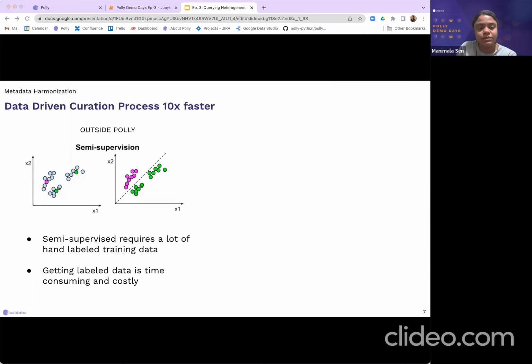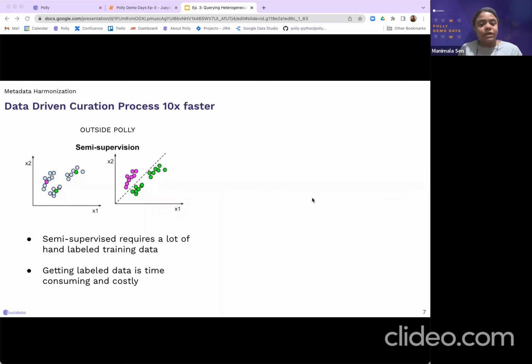The second thing that you can use is a semi-supervised model, and these rely heavily on hand labeled data, which is essentially labeled data to train the models. They require a lot of training data. To generate that training data, you would again have to go through that manual curation process so that the training data is accurate. Now, all this involves cost.